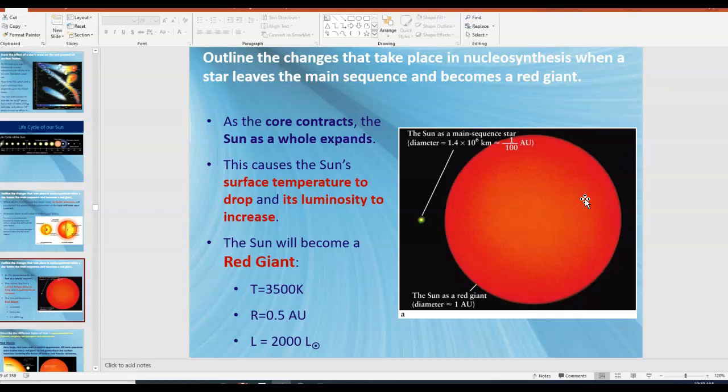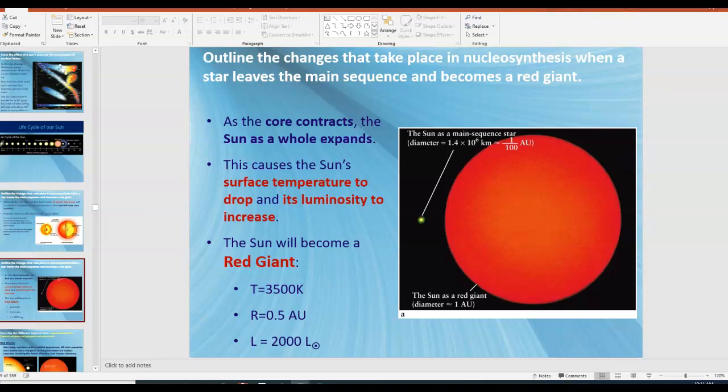And the answer to the first question is the surface temperature is going to drop because if you take a star and you expand it... sorry, what I meant to say is if you take a star and increase its volume with the same power output, then the overall energy is spread out over a wider surface area, and so the temperature is going to drop.